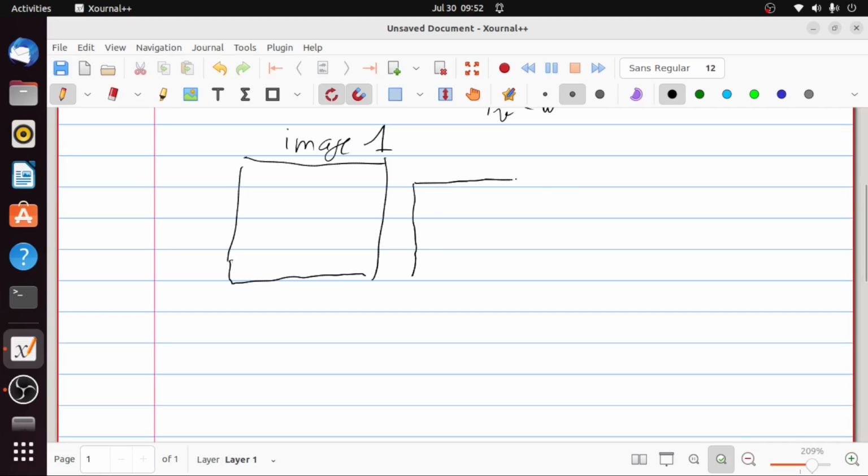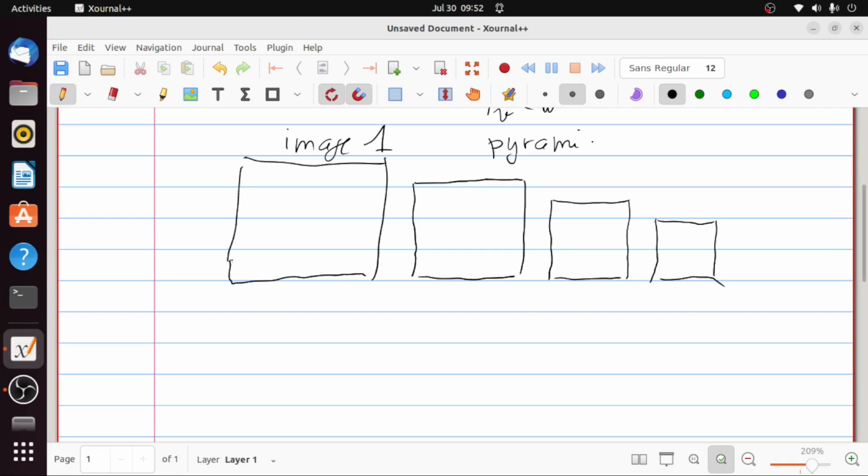Let's say you reduce by this amount, and then you reduce by this amount, and then by this amount. Okay, so that's called a pyramid of images.